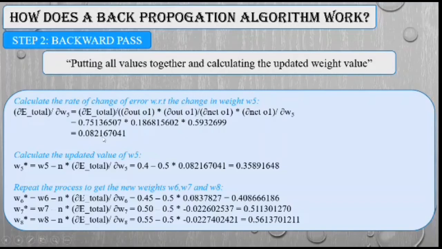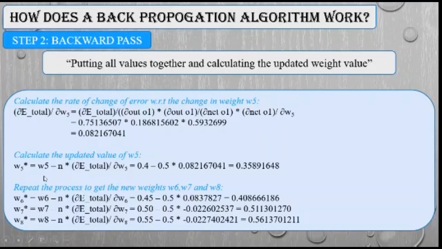But this is a gradient. After getting the gradient, we have to pass it through the gradient descent formula. The formula is: new weight equals old weight, that is W5, minus N, which is the learning rate, into the gradient we have just calculated. This learning rate is an arbitrary value; you need to do trial and error to get the optimal value for it.